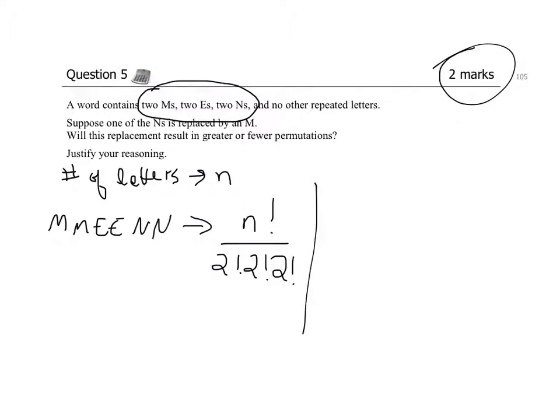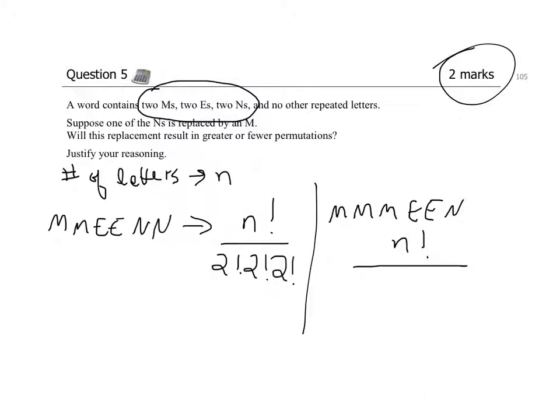The second one is, suppose one of the N's is replaced by an M. So that means I have 3 M's, I'm still going to have 2 E's, and then 1 N. Because it's a 1-for-1 replacement, the number of letters is still N. So I'm still going to have N factorial, the total number of letters.